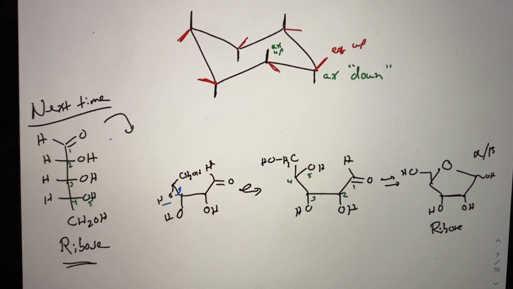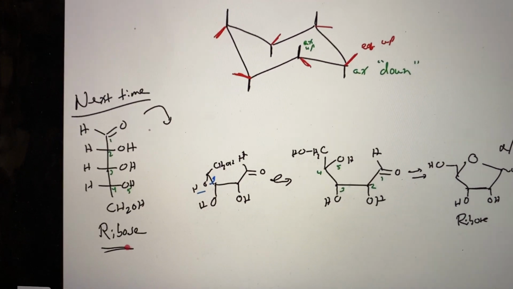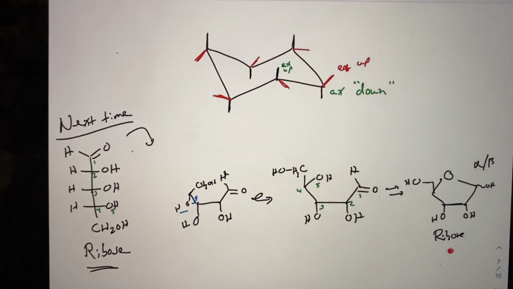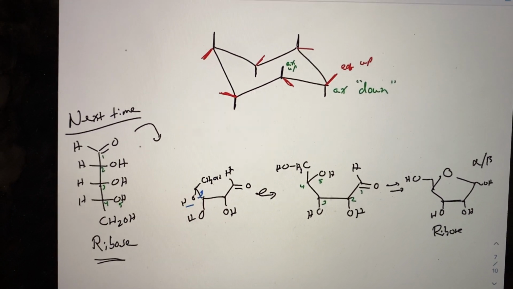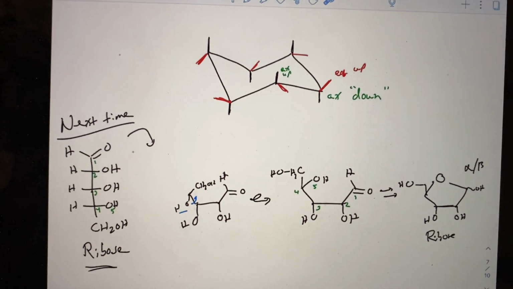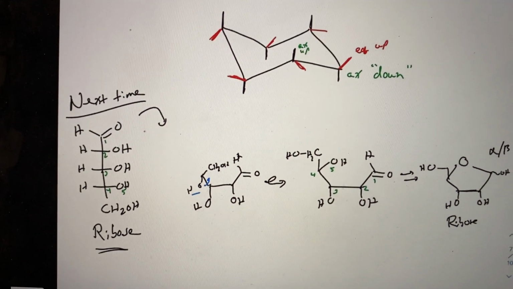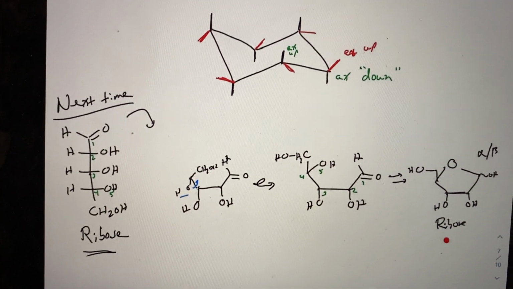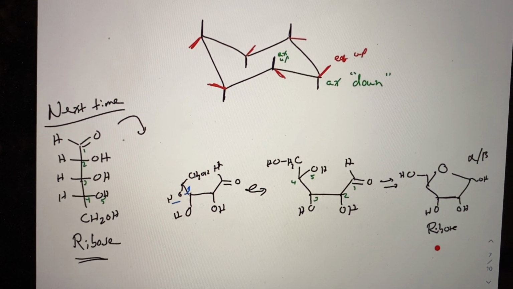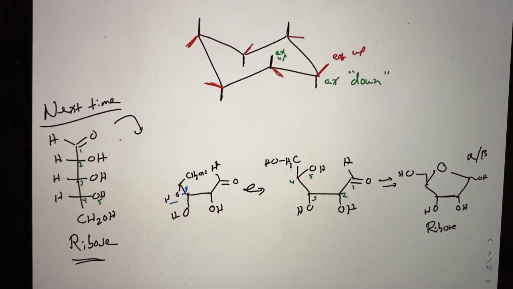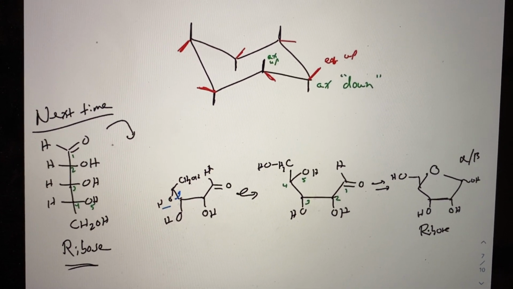So this idea of converting from the acyclic to the cyclic structure works for all of these carbohydrates. And actually, just like with the glucose, you don't necessarily get a 50-50 mixture of the alpha and the beta anomers. And we can use this to address Paulina's question.